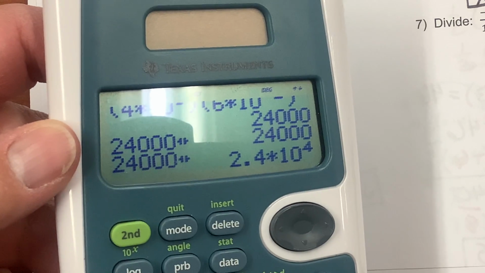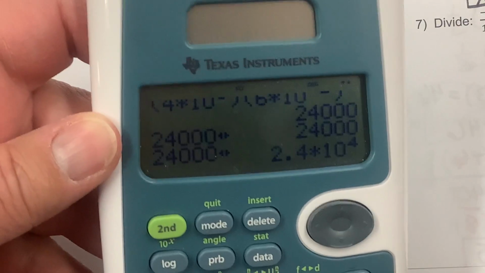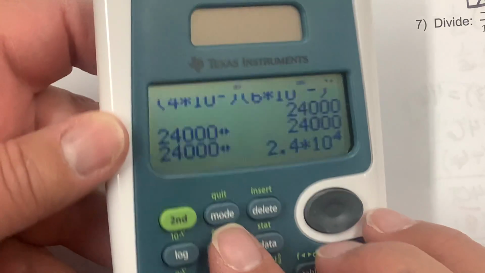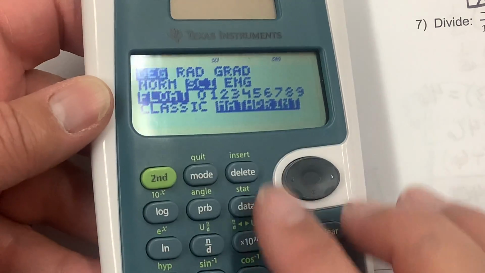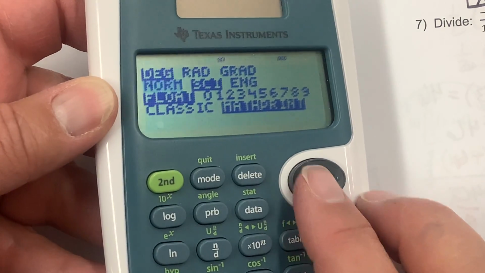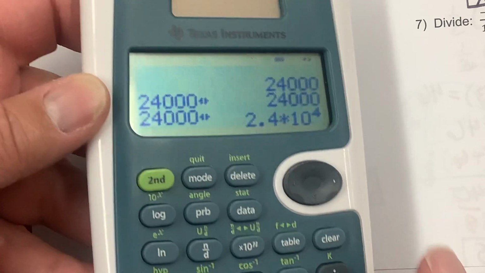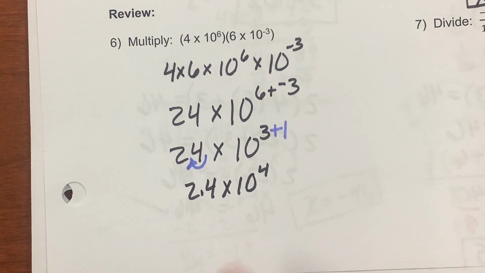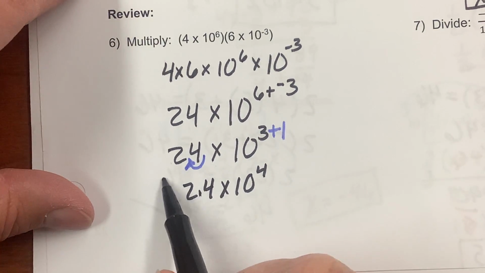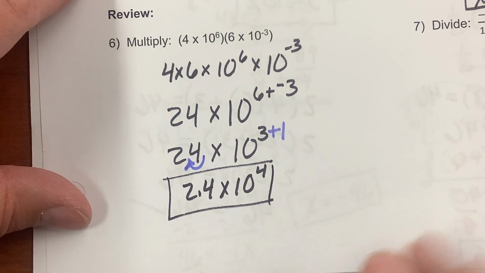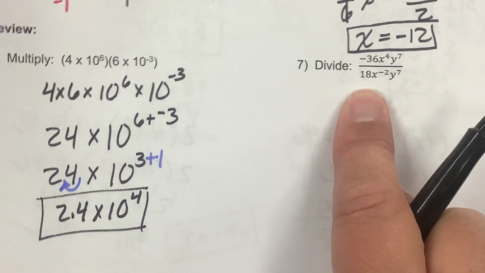Look at that. I love my calculator. But you know what? Now I'm in that weird scientific notation mode. If I hit mode, I want to get out of that because that's not going to help me. Clear that, and that's my answer. Yay me. Put a little box around it.